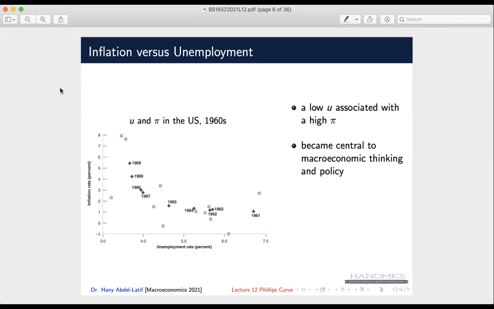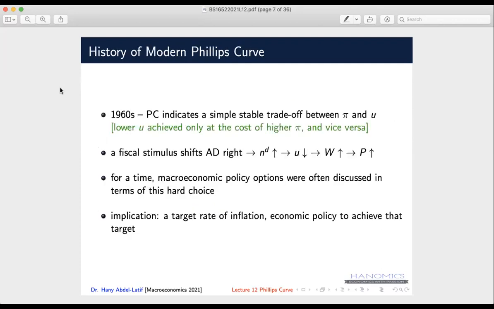The idea here is that there's a trade-off between inflation and unemployment. If you want to reduce inflation, then you have to tolerate a higher unemployment rate, and vice versa. If you want to lower the unemployment rate, that has a cost of a higher inflation rate.